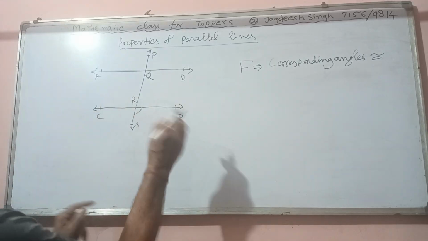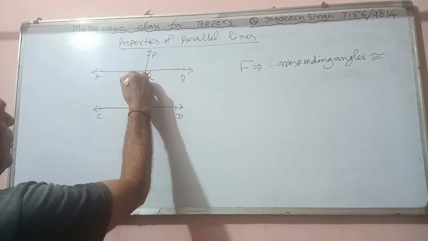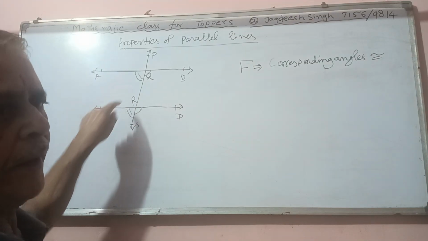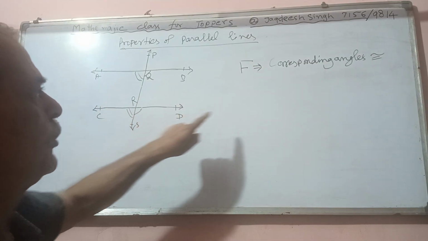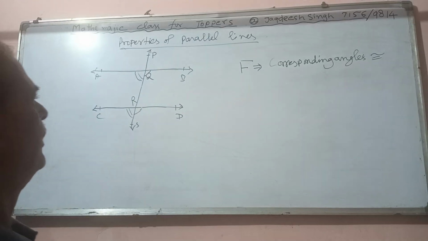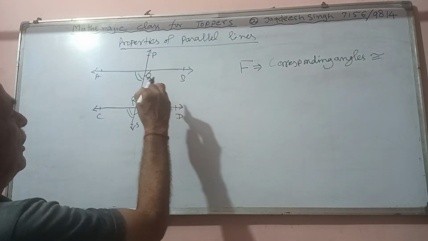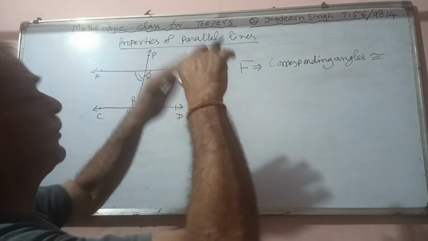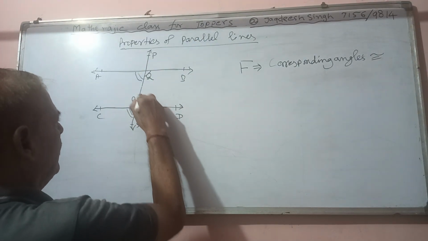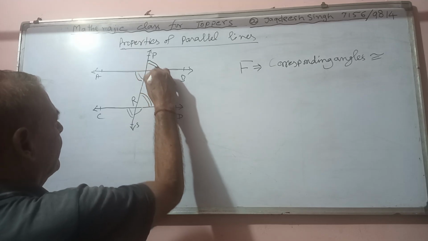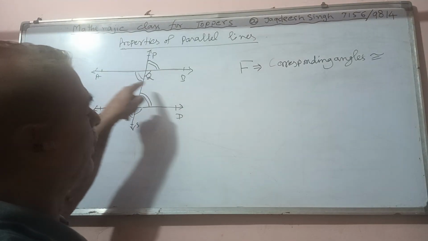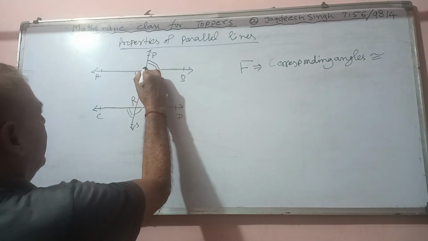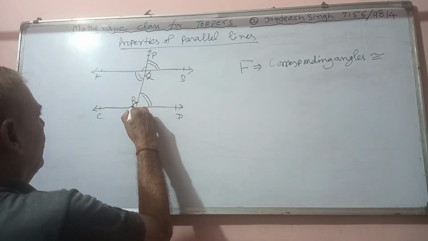Similarly, the opposite side also, F. Corresponding angles are congruent. Now, 2 from the down side and 2 from the upside. This angle is congruent to this angle, F structure, inverted F, or this angle is congruent to this angle.